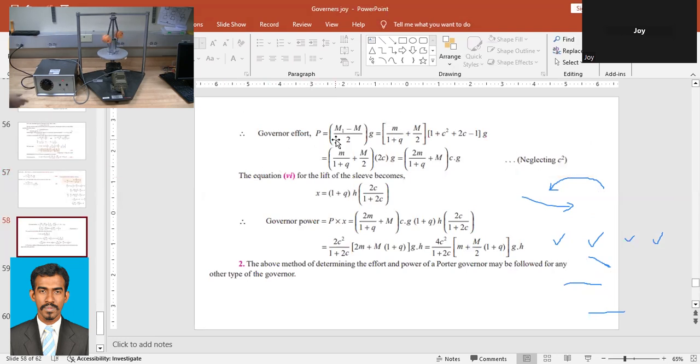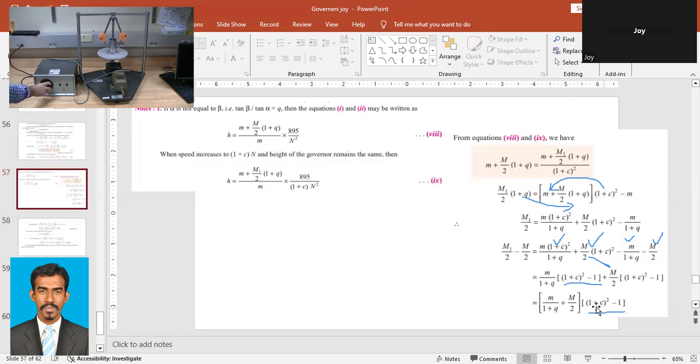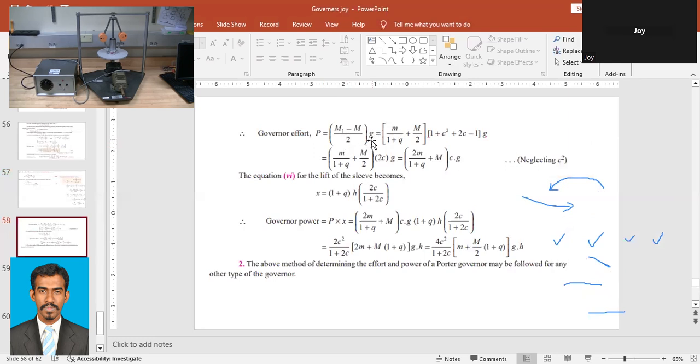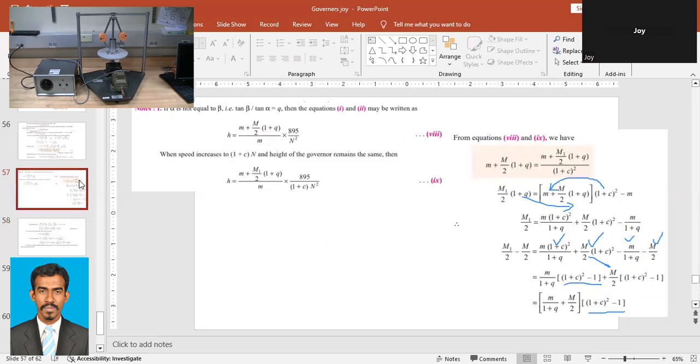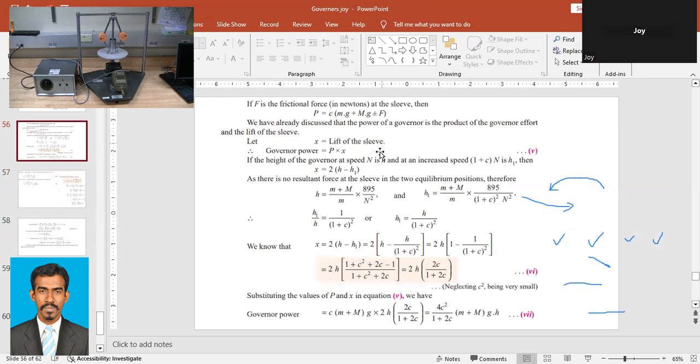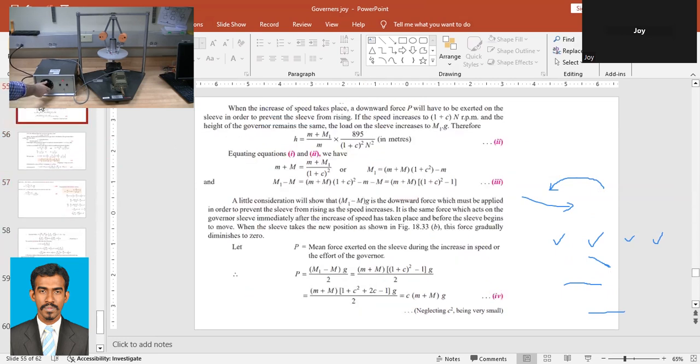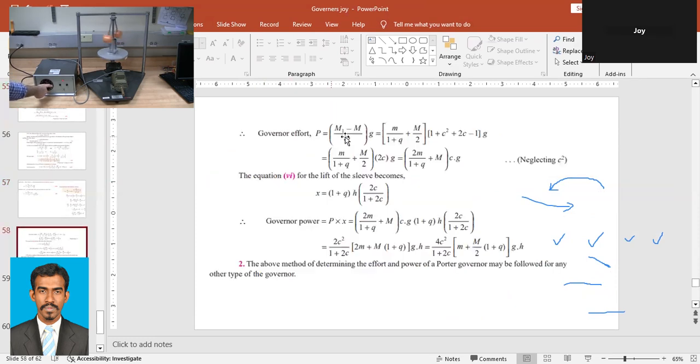Now governor effort P is equal to m1 minus m upon 2, the same thing. I'm just replacing here m1 minus m upon 2 into g. Governor effort, that's it. You see here, m1 minus m into g, and by 2 we are dealing only with the half of the part.